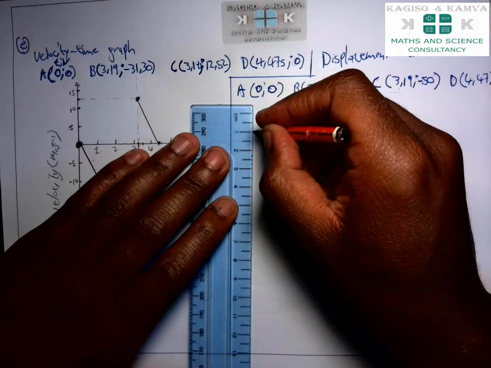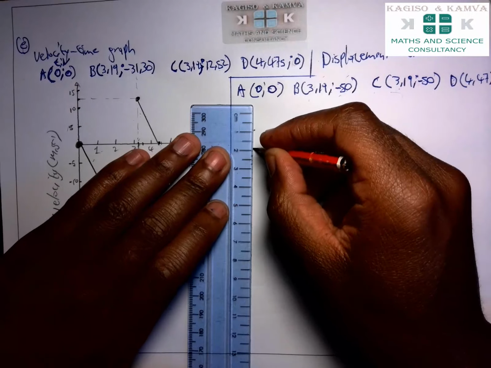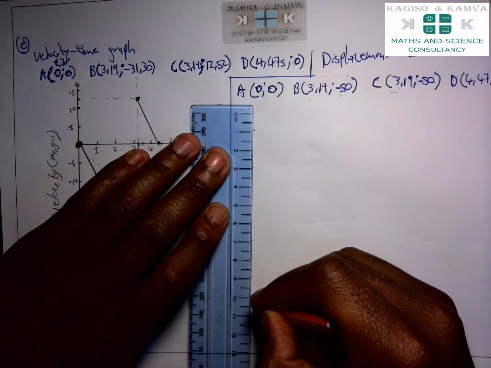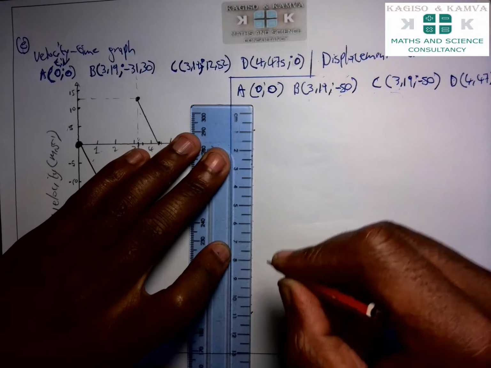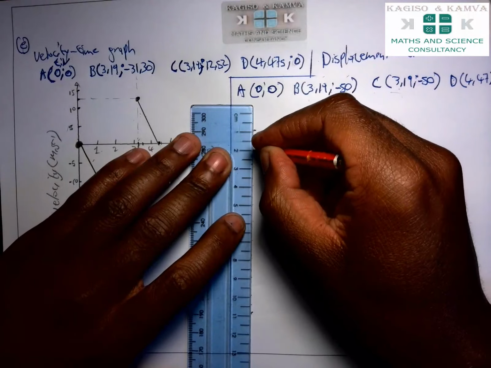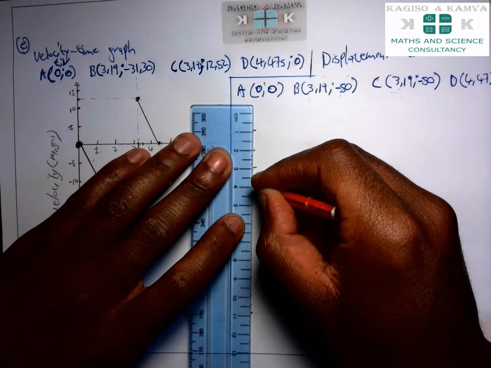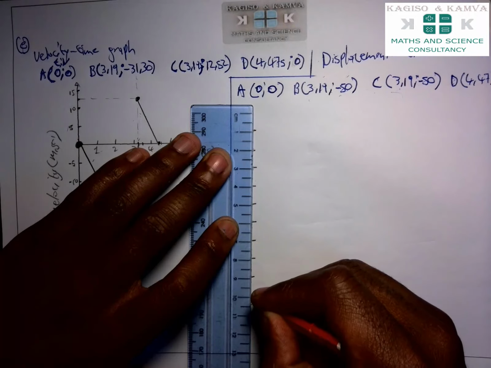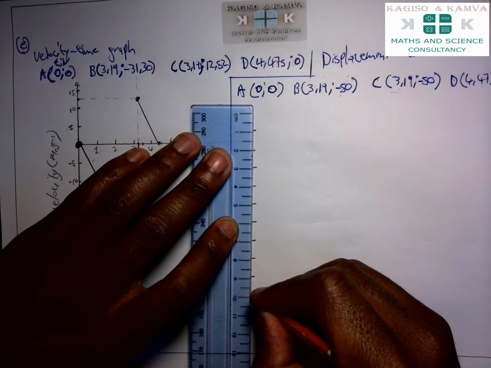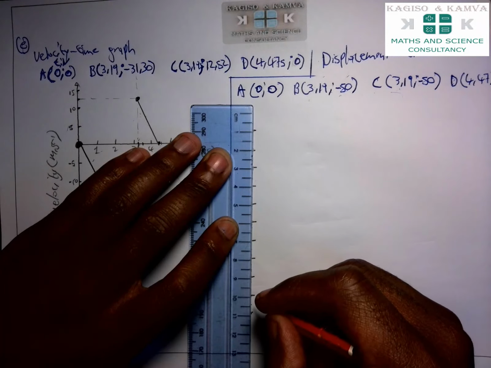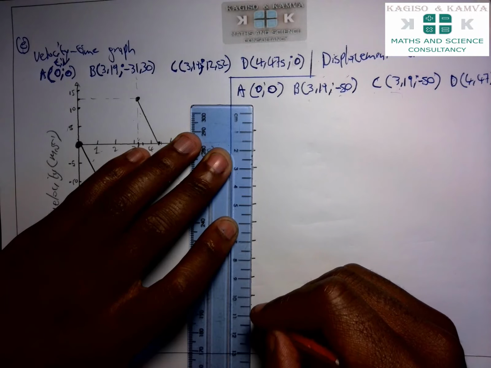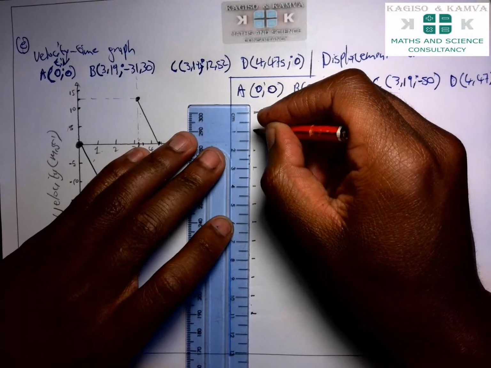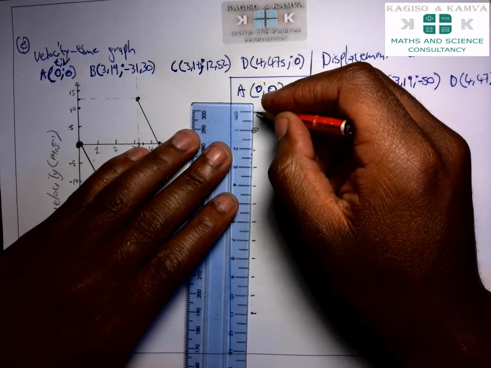If this is our 0, do 1 2 3 4 5 6 7 8 9 10. So this is going to be my 0.